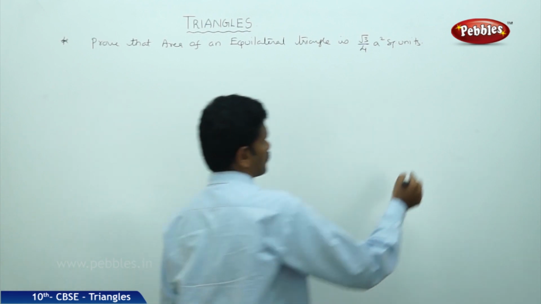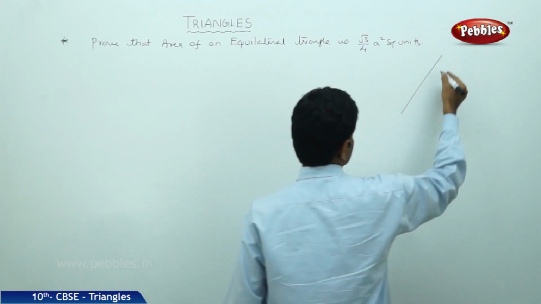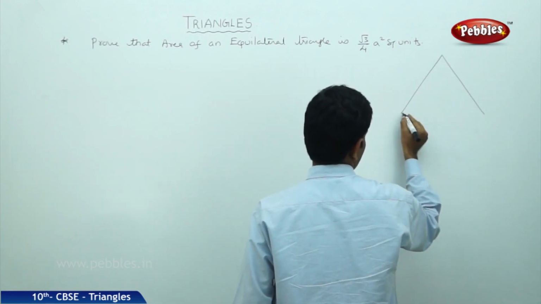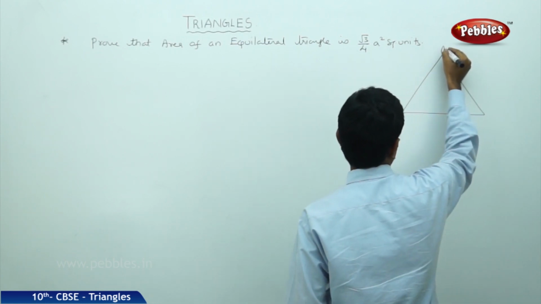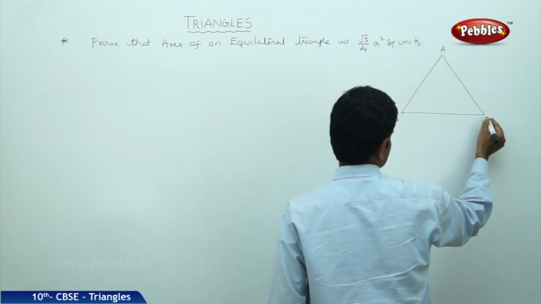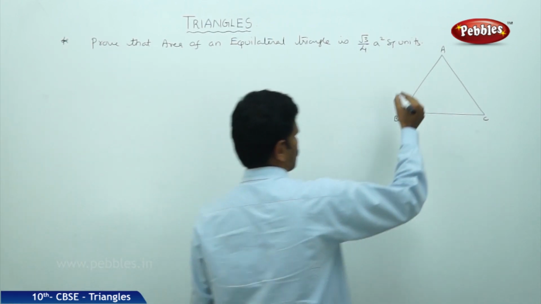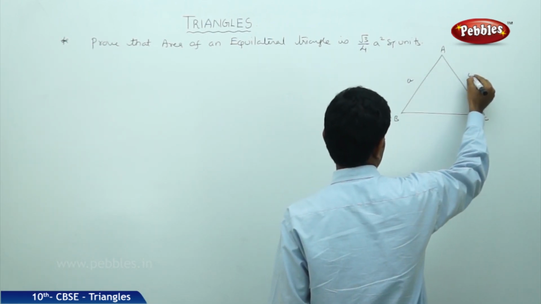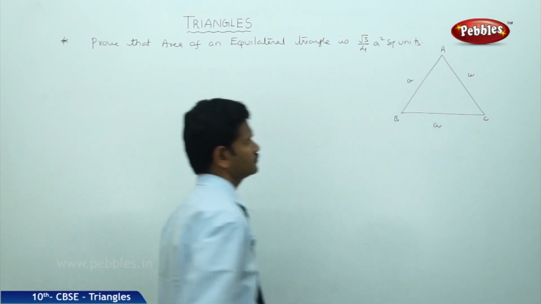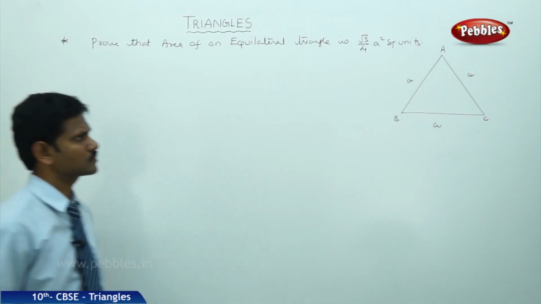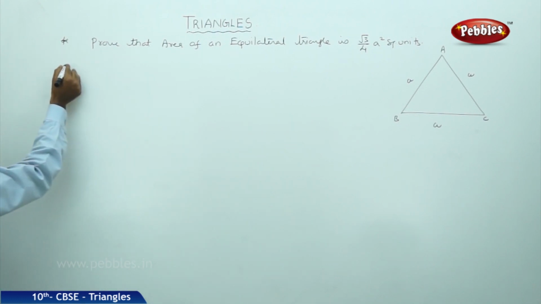That is, let us consider triangle ABC, in which all three sides are equal, that is each side measurement is a.